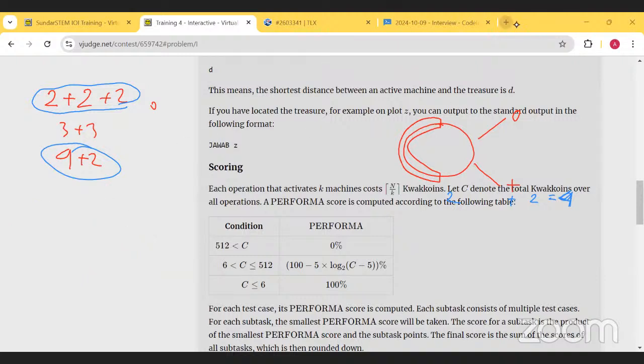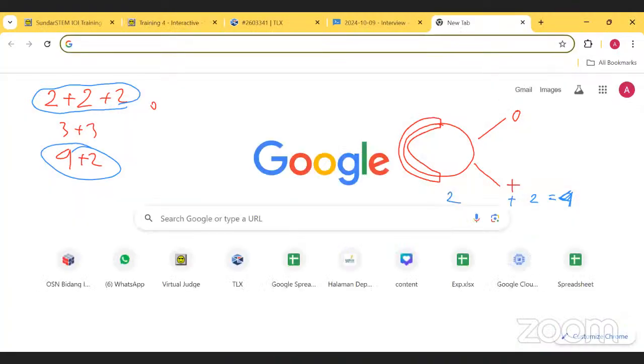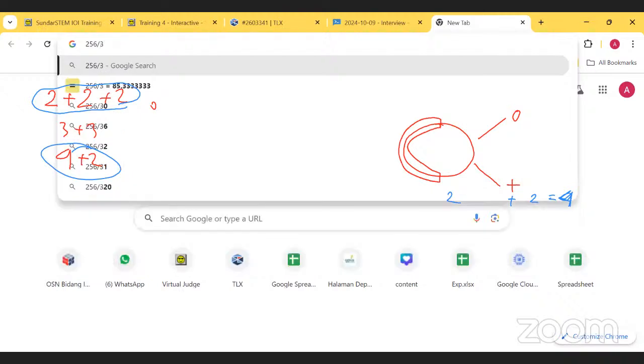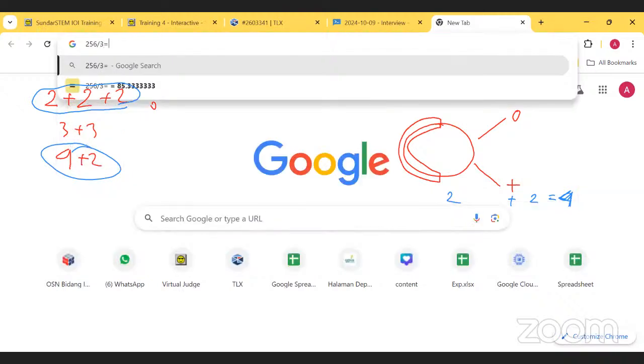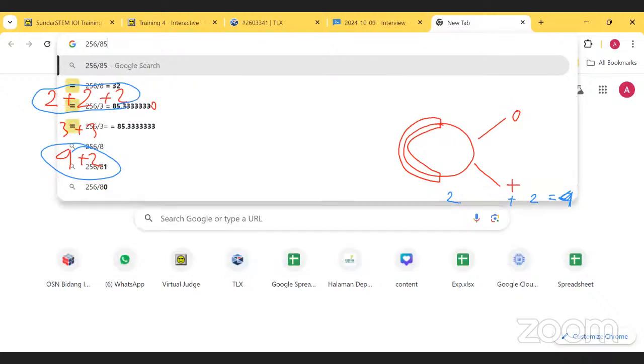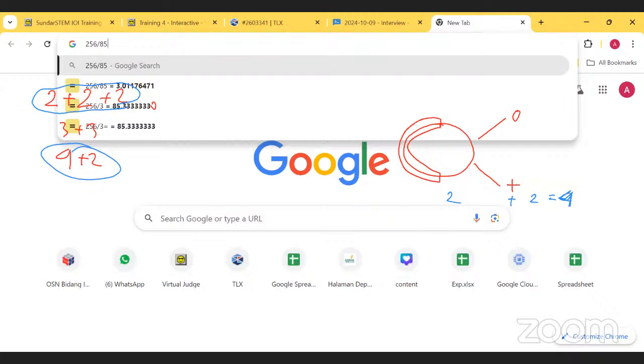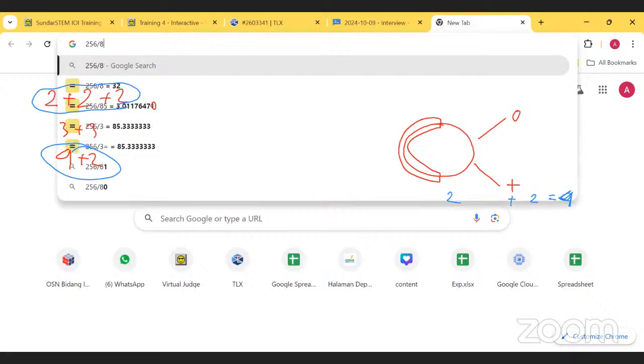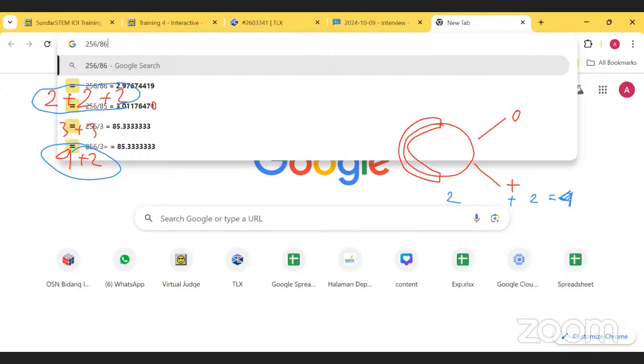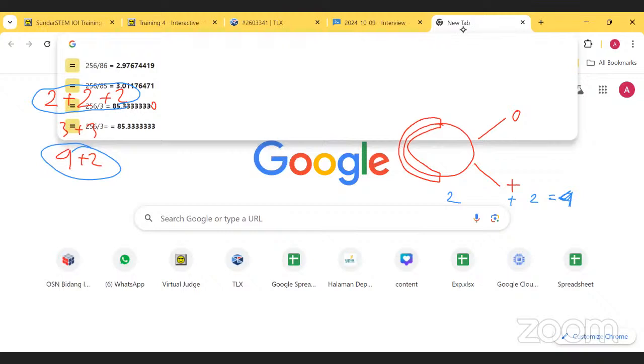Then in order to get the cost of 3 points, we query 89, right? Sorry, 86. If we just query 85, then the cost will be 4 coins. But if we query 86, then the cost is 3.